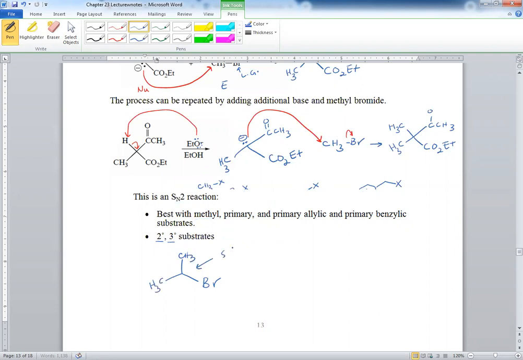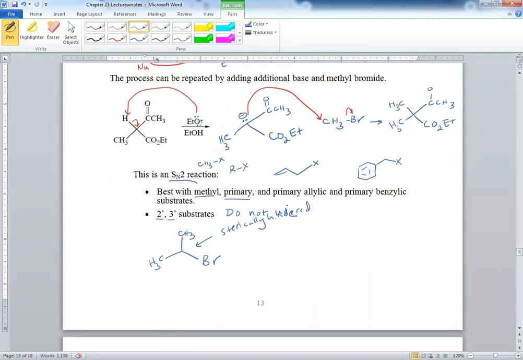So this is sterically hindered, and this is only a secondary, let alone if you have a tertiary, which would be even worse. A tertiary would be like this. This one is even more sterically hindered.